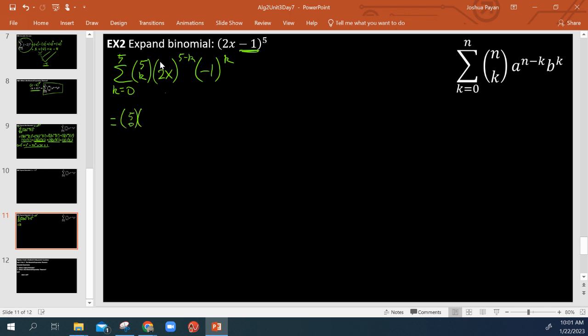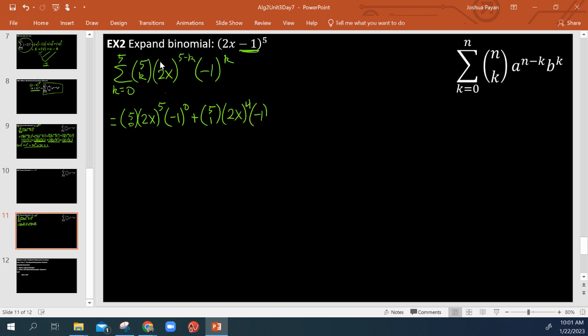So first thing we're going to want to do is just write it all out. 2x to the 5th power, because 5 minus 0, right? -1 to the 0 plus 5 choose 1 times 2x to the 4th.